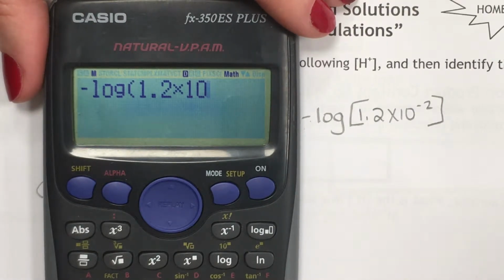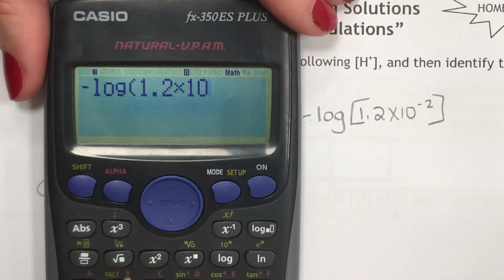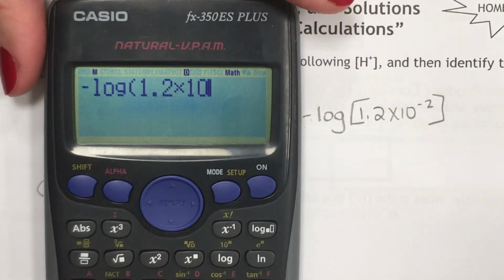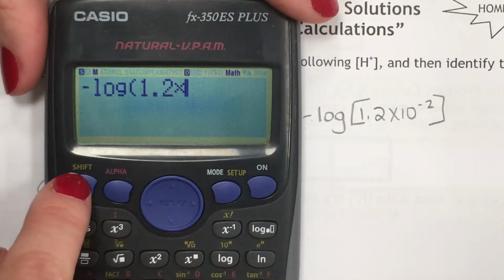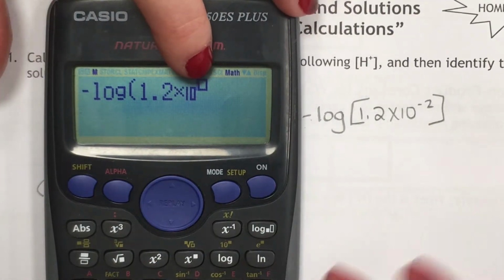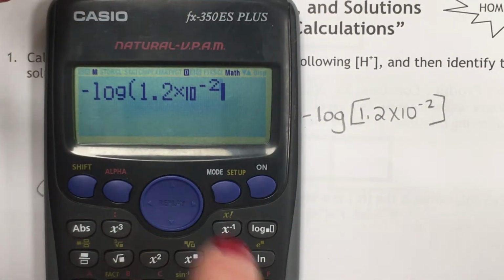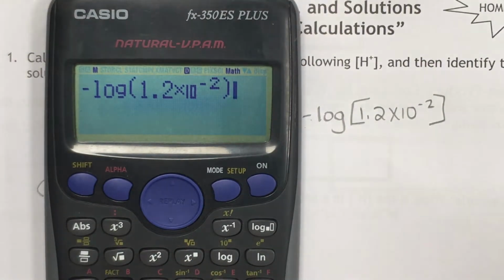This is not the calculator that I use normally, so usually I have that half triangle thing. Sorry, I don't know what it's called. But you can also use this if you want. So times shift 10 to the negative 2 power. And then push over to get it down because you have to close your parentheses. Okay? So there's a couple of ways you can do exponents.